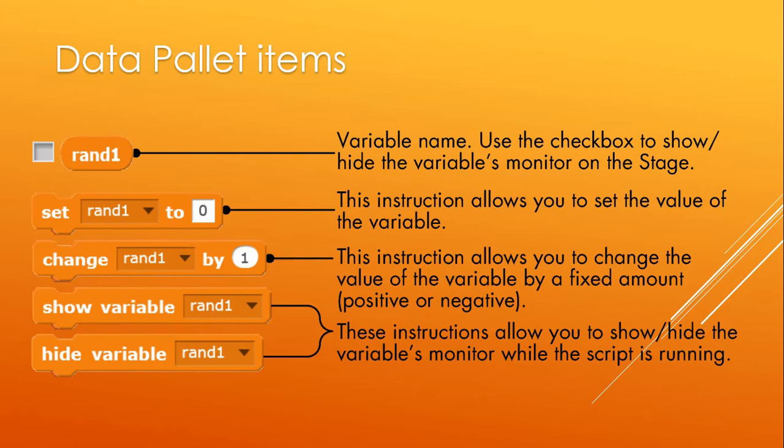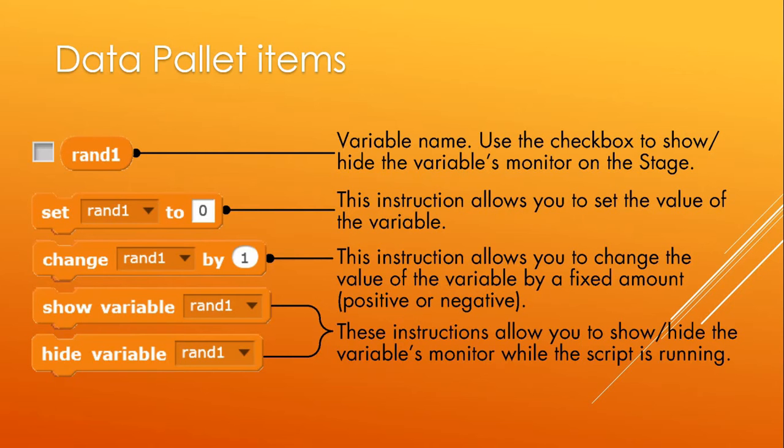Absolute means the exact number, relative means different from the current value, or change by the current value. So if you want to set or initialize your variable random 1 to 0, you would use the set random to 0. If you want to count, you'd use the change random by 1 option, and that way it'll keep incrementing by 1 until it gets to whatever value you want to get to.